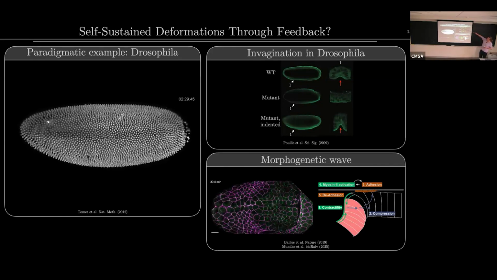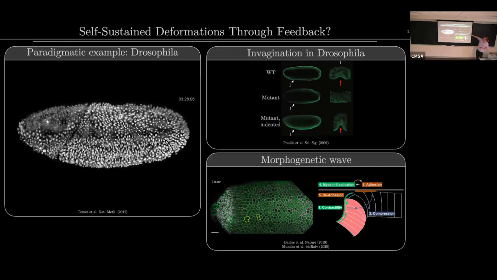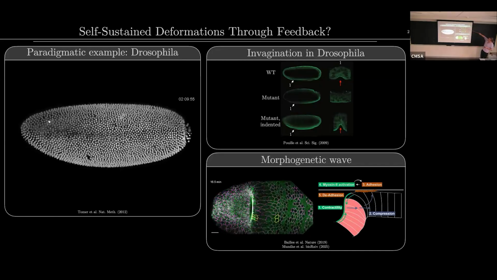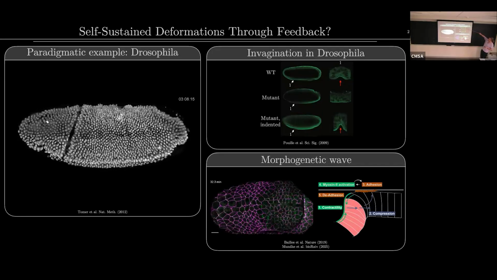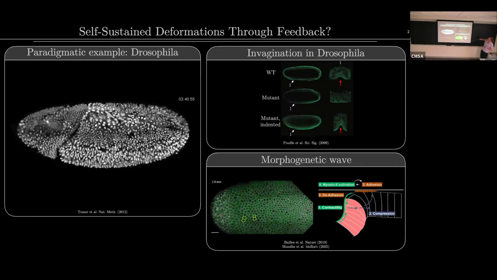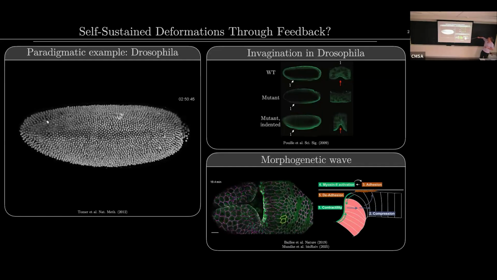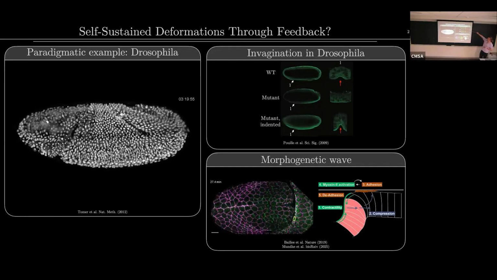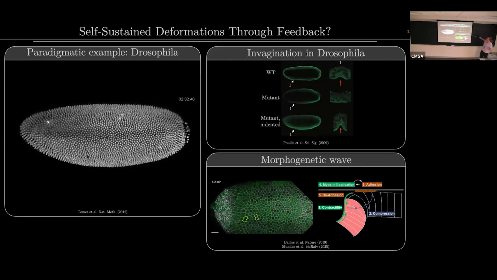The first thing is that if you take this embryo and look at the wild type, you see this initial deformation here that triggers this invagination. And if you zoom in there, you can see some local enrichment of actomyosin. It's a bit hard to see, but at the same time as the deformation, you get this localization of actomyosin. And what they did is they looked at the mutant where this process doesn't happen. The mutant just doesn't deform and you don't see any local enrichment.